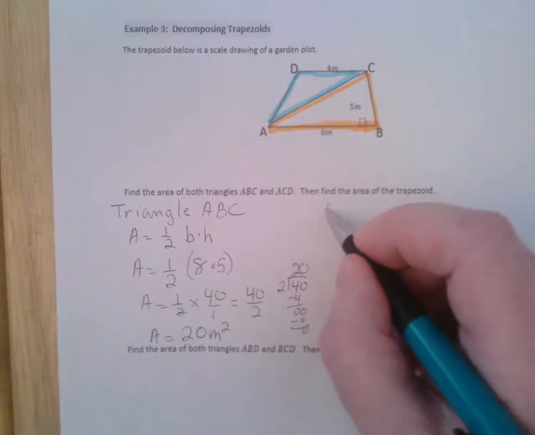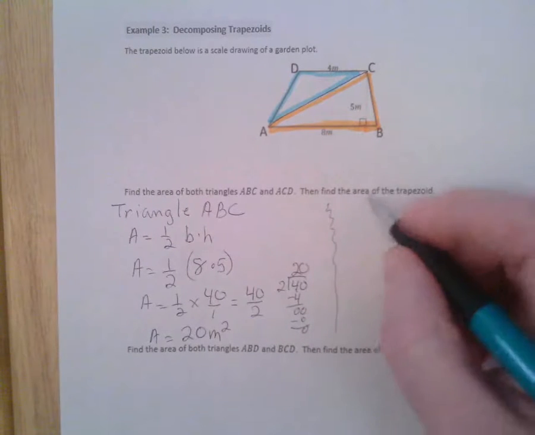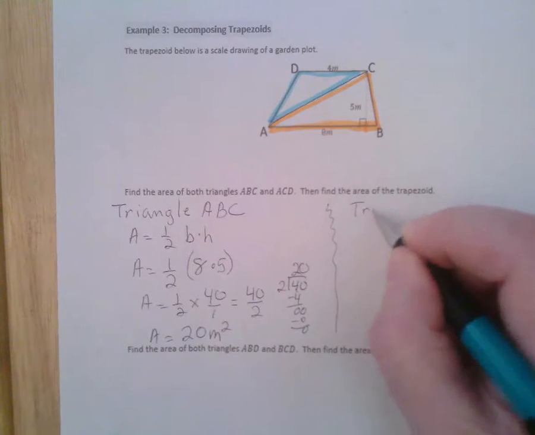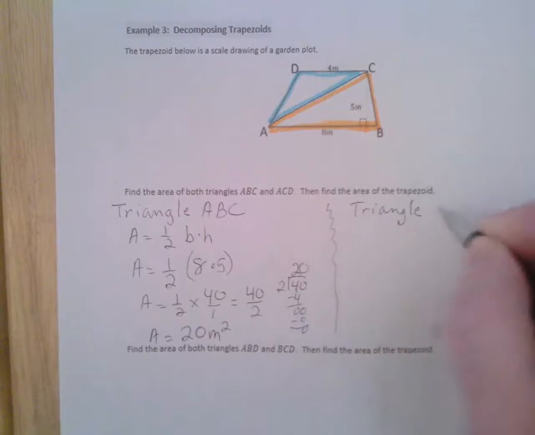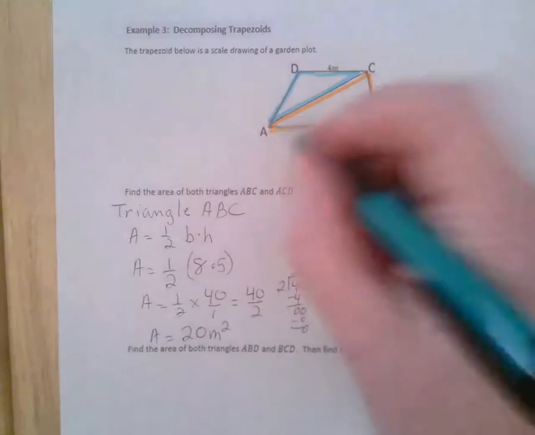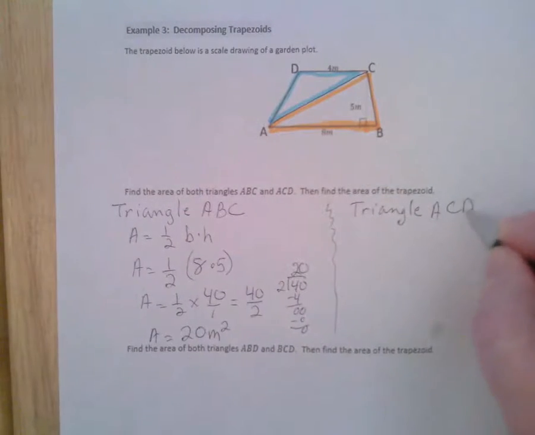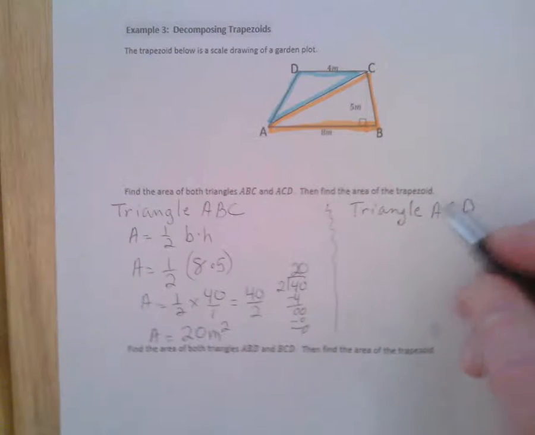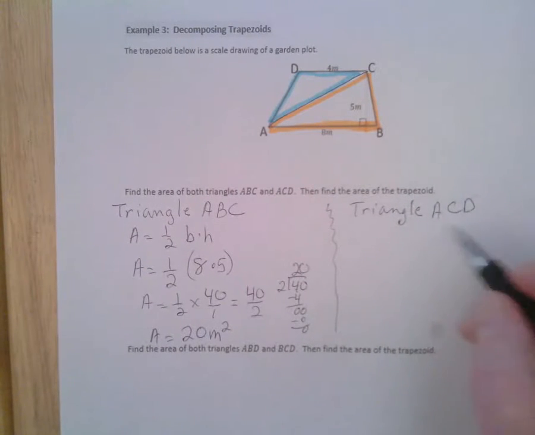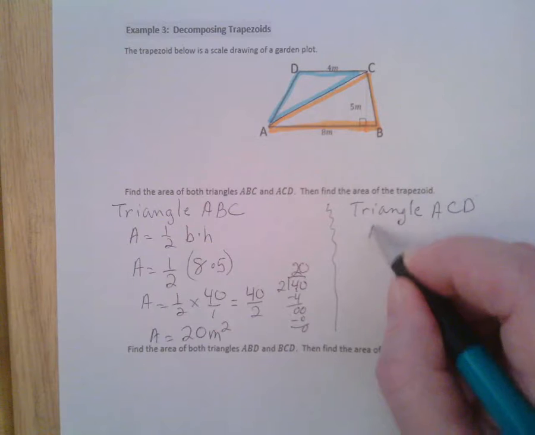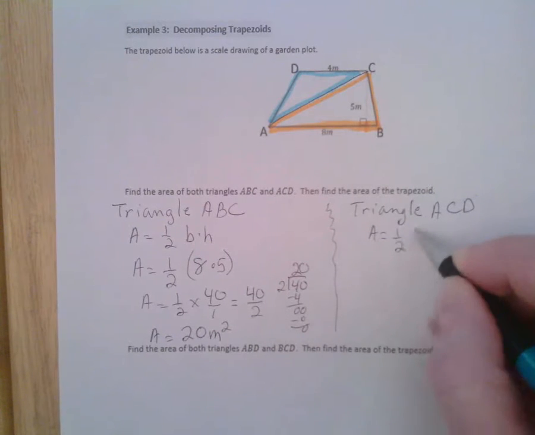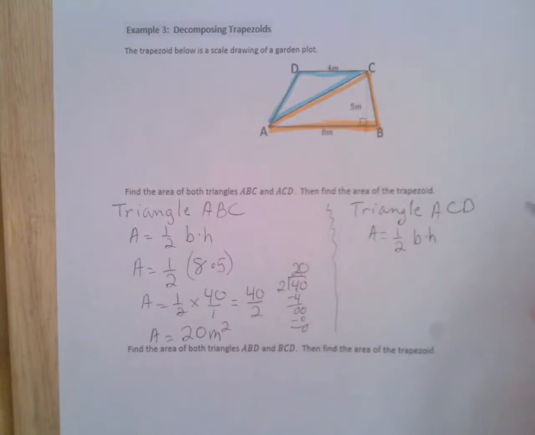Now let's go next and find our area for triangle ACD. And we're going to use the same formula. Our formula is 1/2 the base times the height.